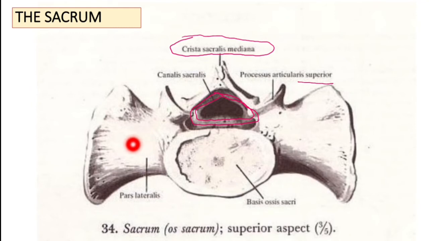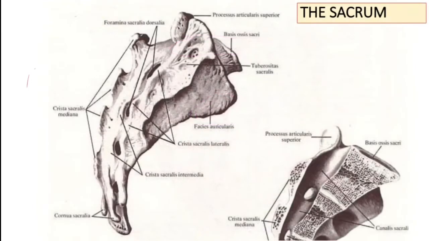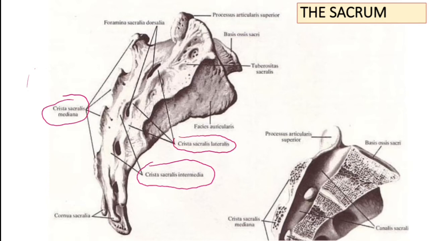You can see the lateral parts, pars lateralis, and the base, basis ossis sacri, right? So here you can see it again in lateral view. You can see crista sacralis mediana, crista sacralis intermedia, crista sacralis lateralis, right?